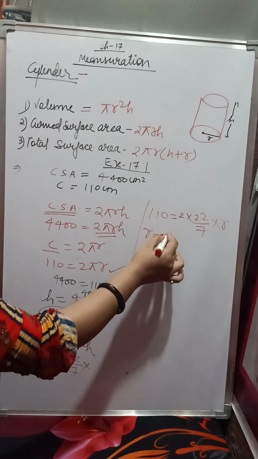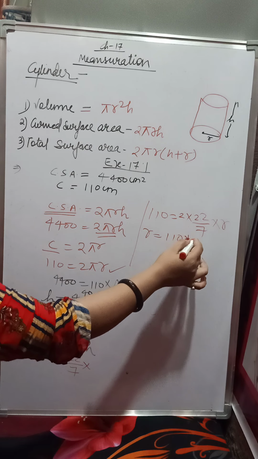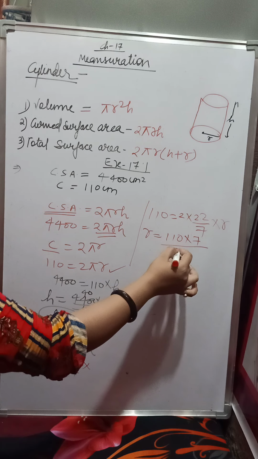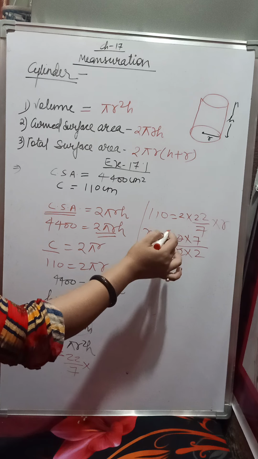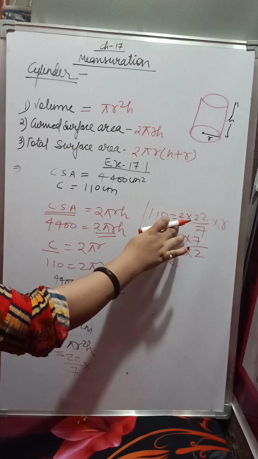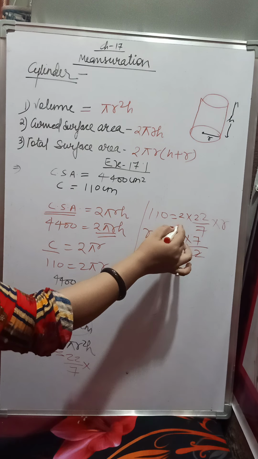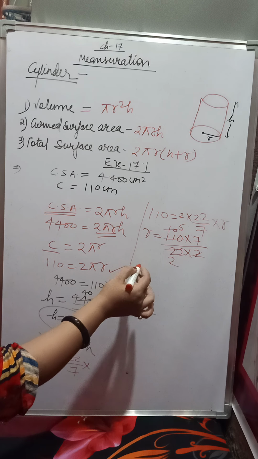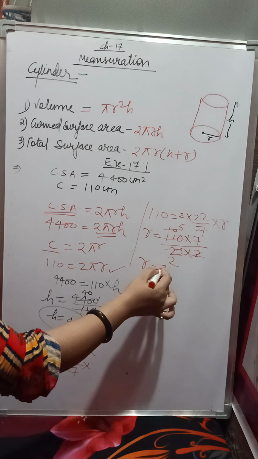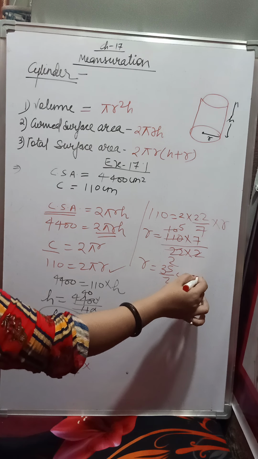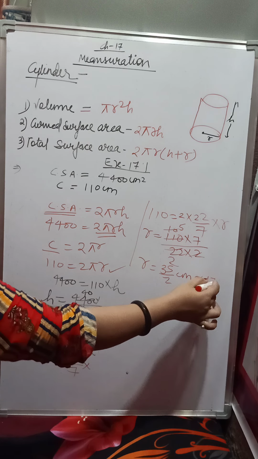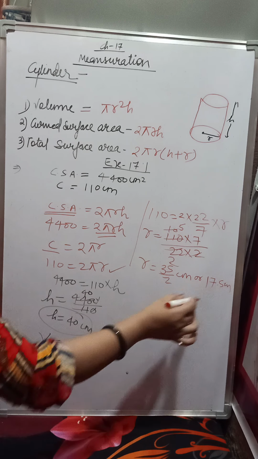So r is equal to 110 into 7 upon 22 into 2. Let's simplify. 11 2s are 11, 10s are 110. This is 2 5s are 10. This is 35 by 2 centimeter or 17.5 centimeter. This is the radius.